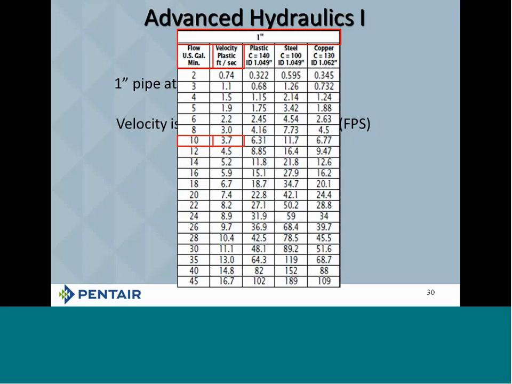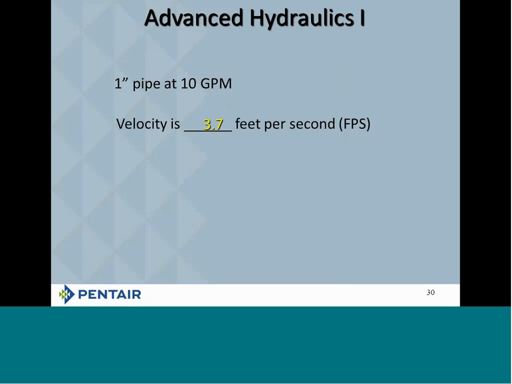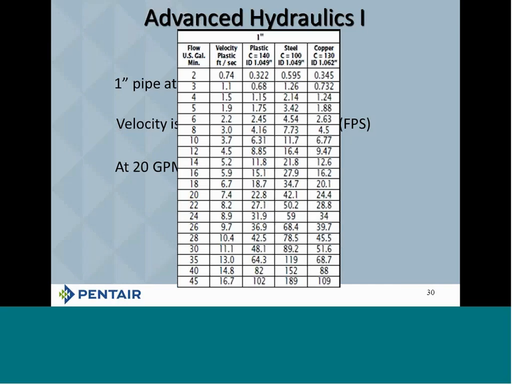Well, we ask another question. The next question is, what happens if I put 20 gallons a minute through the same 1 inch pipe? So we'll go back to our columns again here. And again, we're looking at those two columns there, the flow and the velocity column.